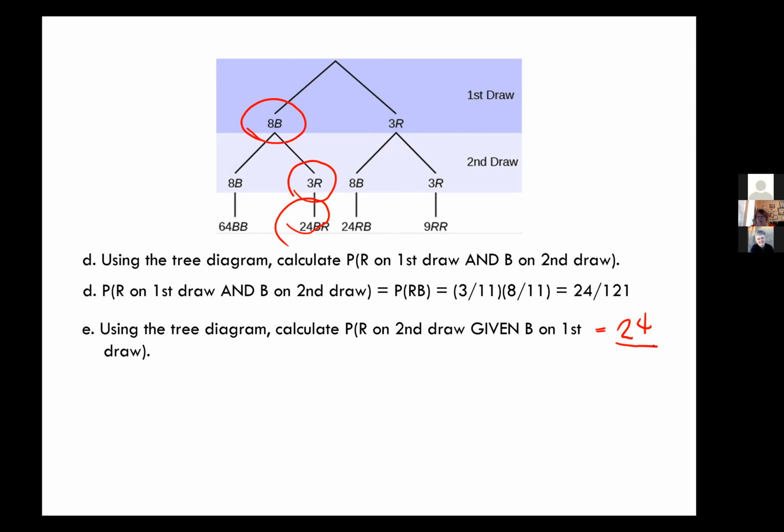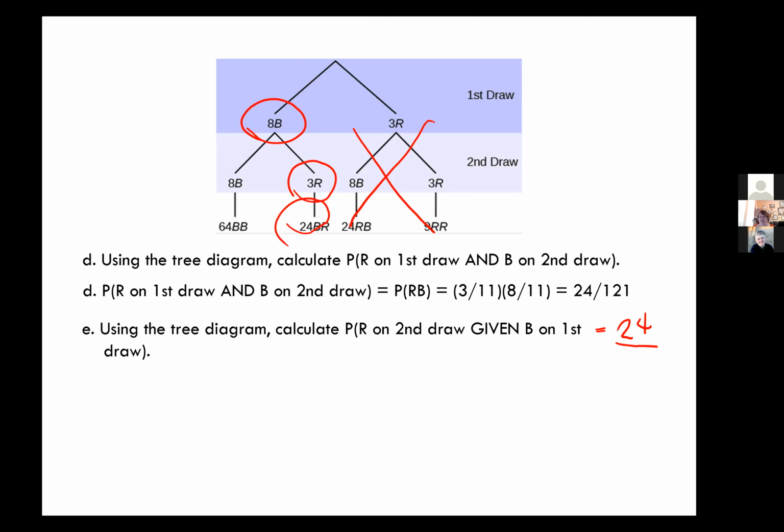But what's my sample space? Well, now what is the sample space that I get blue on the first one? Again, I'm going to completely ignore these branches over here because on those branches, blue is not on the first draw.